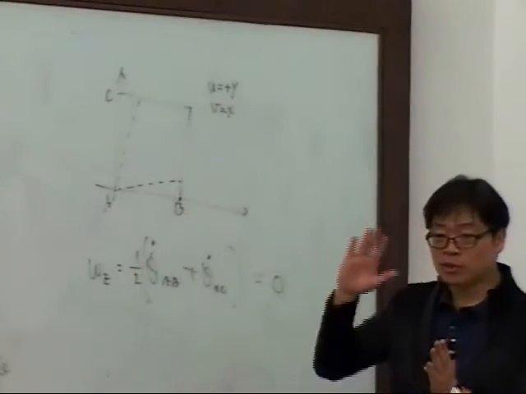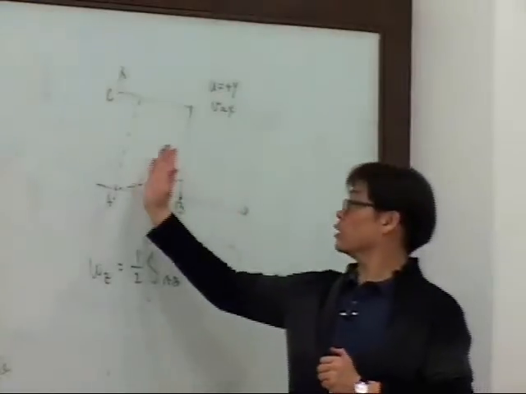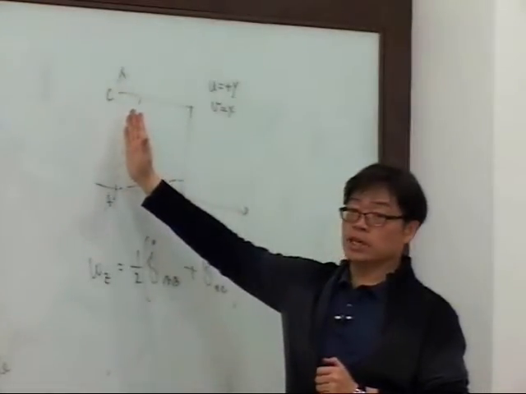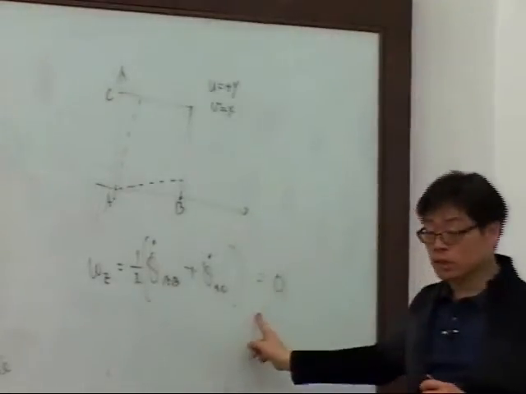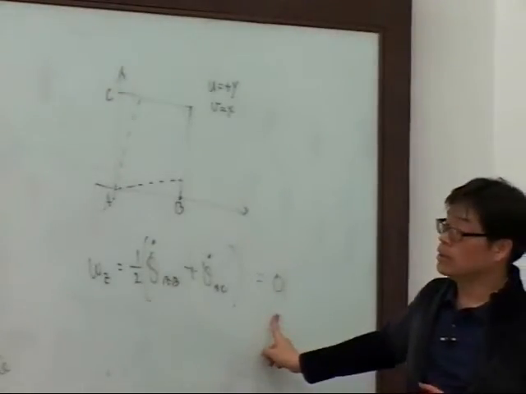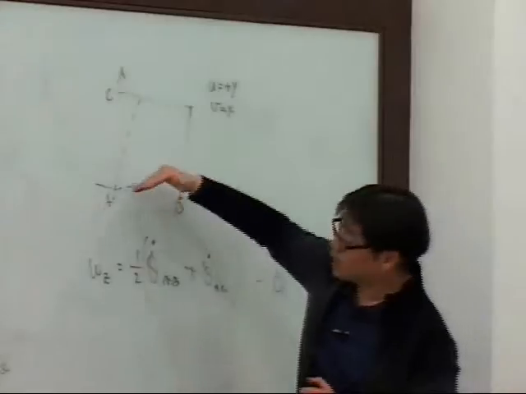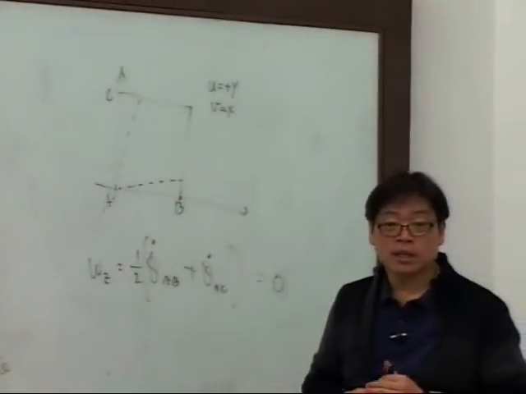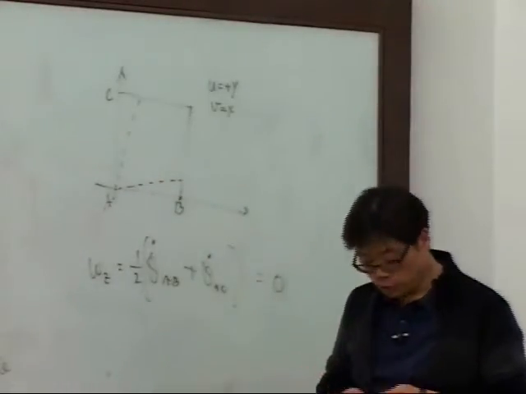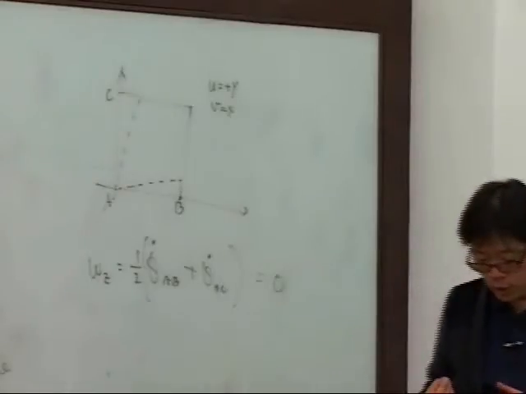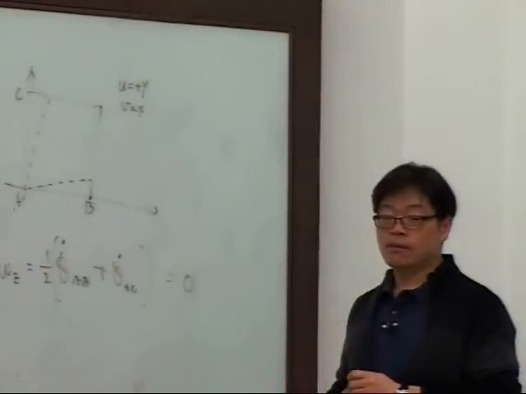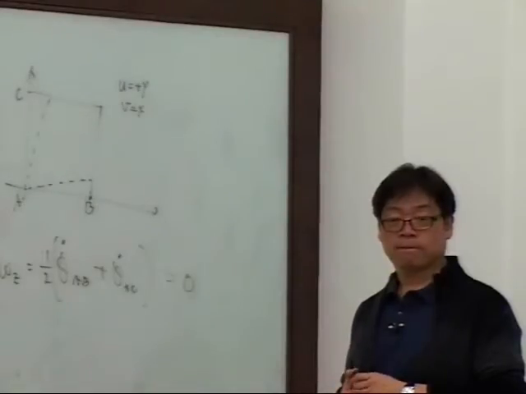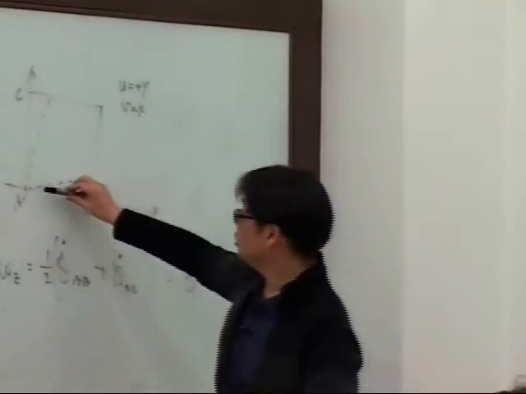At this time, direction is important. One is rotating counterclockwise, the other is rotating clockwise, and therefore the vorticity is equal to 0. Even though each line is rotating, to talk about the rotationality or irrotationality of a flow, you have to look at the mean value between these two lines.